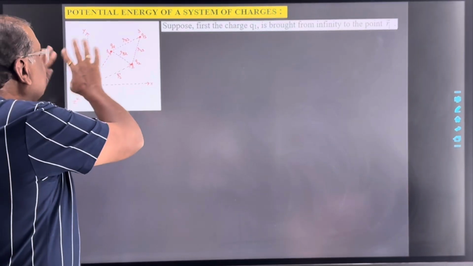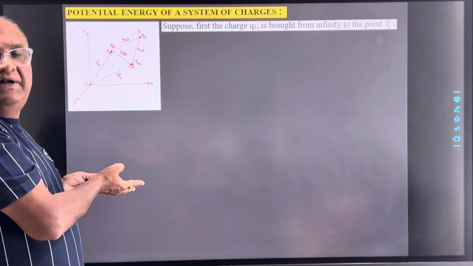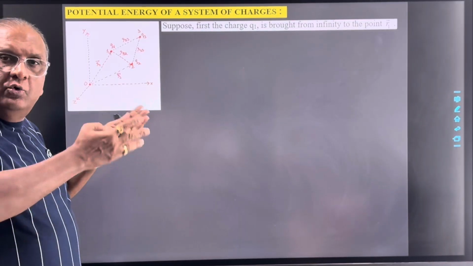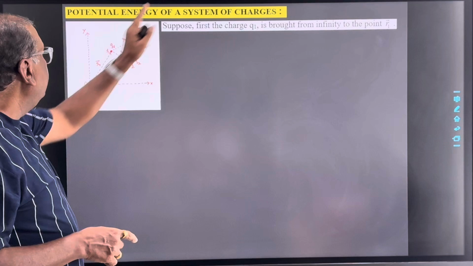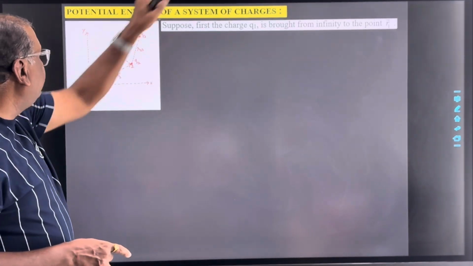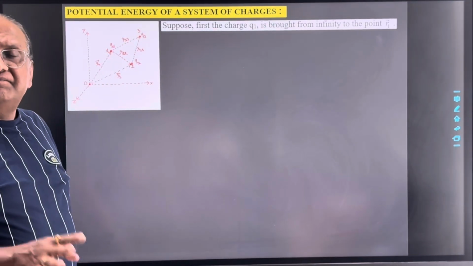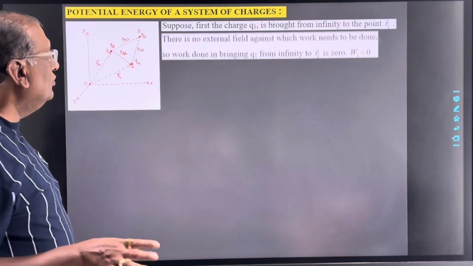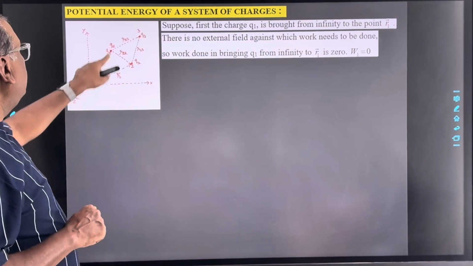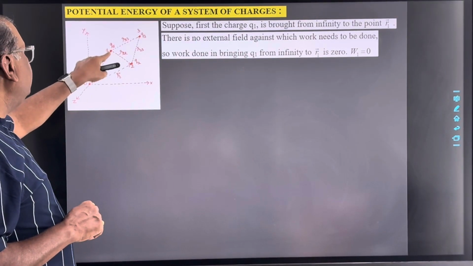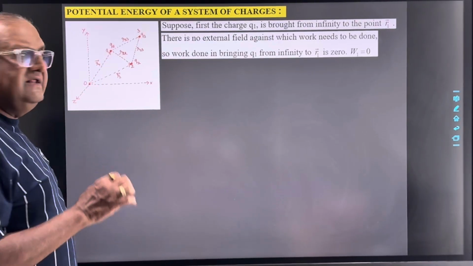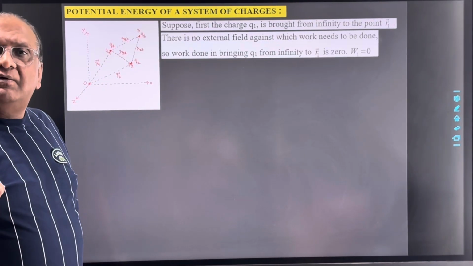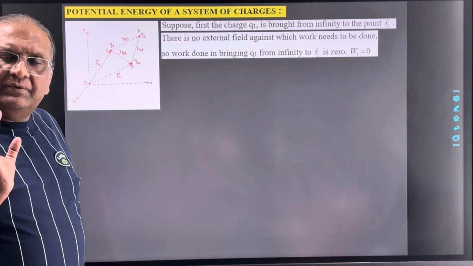So we can say there is no electric field. So when there is no electric field, the work done to bring this charge Q1 from infinity to point 1 is equal to 0. So charge Q1 is placed at point 1 having position vector R1. In this, the work done is 0.